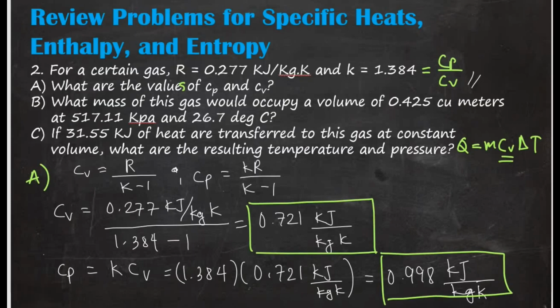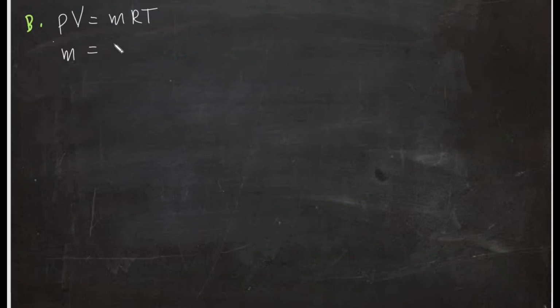So for letter B, we use PV is equal to mRT, and we are looking for the mass. So mass is equal to PV over RT.